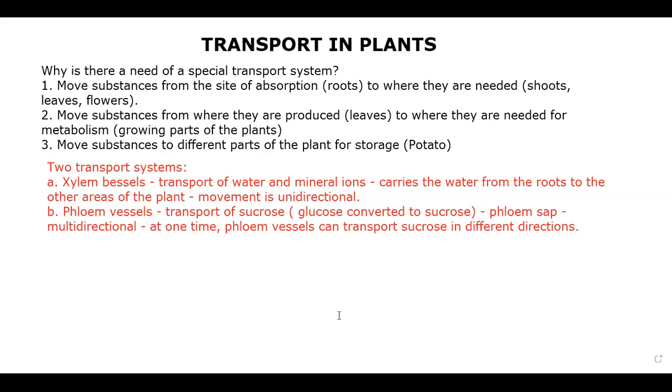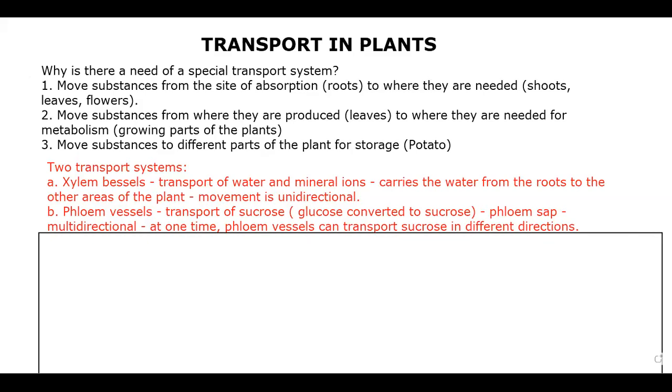So let's go ahead and start by looking at the structure of our stem. When I'm talking about the structure of the stem, what am I going to see? Let me first draw it out for you and tell you the labeling. You are supposed to know the structures at a low magnification and also at a higher magnification.